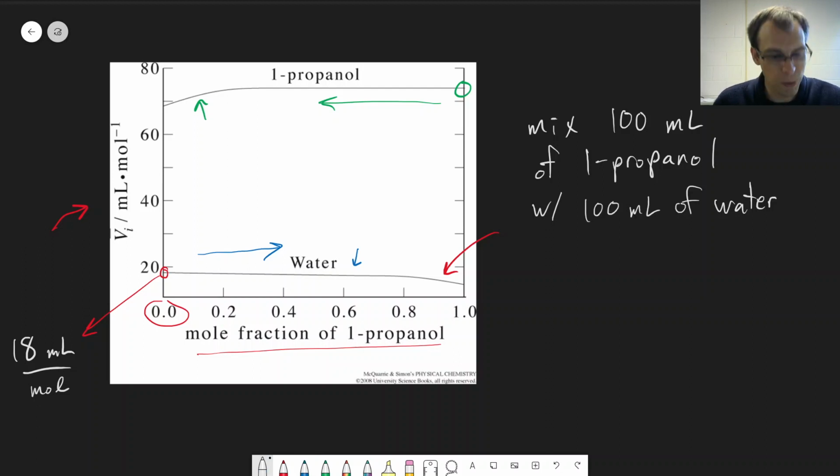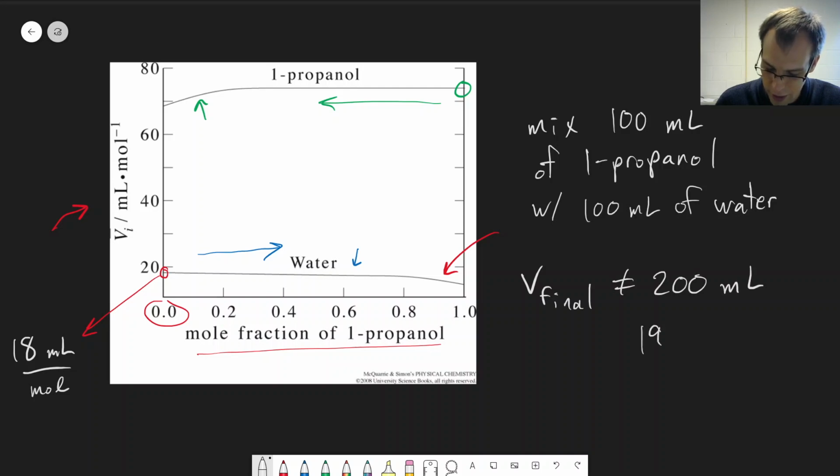And what we'll find in class, we'll do this calculation in class, but I think the answer to this is really what's key, is that the final volume is not 200 milliliters like you'd expect, but it's slightly less. You calculate that you would get a volume of 196 milliliters. And so those molecules stick together a little bit more than you'd expect, and you get a slightly smaller volume.